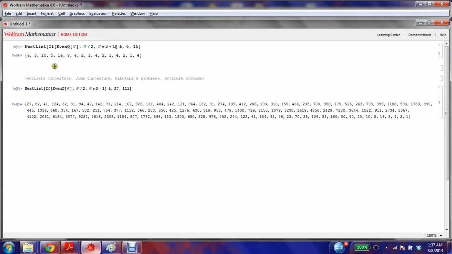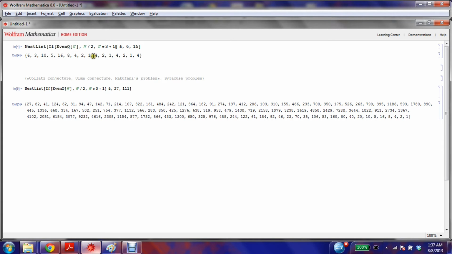So let's look at an example here. If we start with 6, well, 6 is even, so we divide it by 2. Then we get 3, this is odd. So according to our formula here, we should multiply it by 3 and add 1. We get to 10. 10 is even, so we divide it by 2, we get 5.